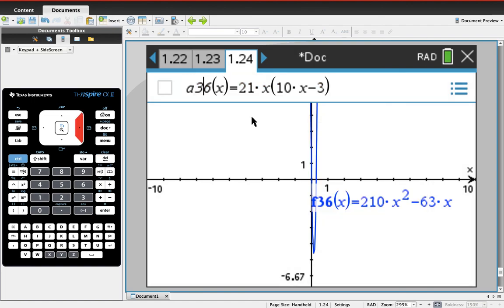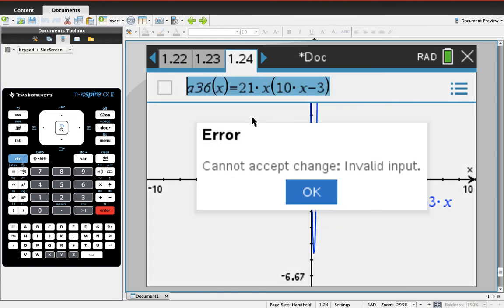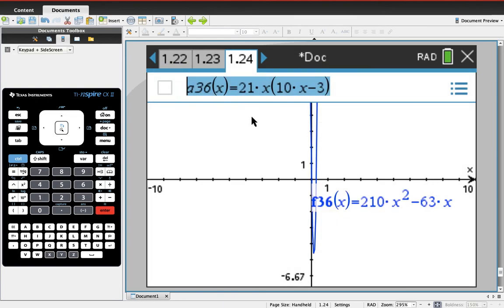So this should be 21x. Let me just type it over. All right. Okay. 21x multiplied by 10x minus 3. Huh. That is really weird that it is doing that. I'm not sure why.